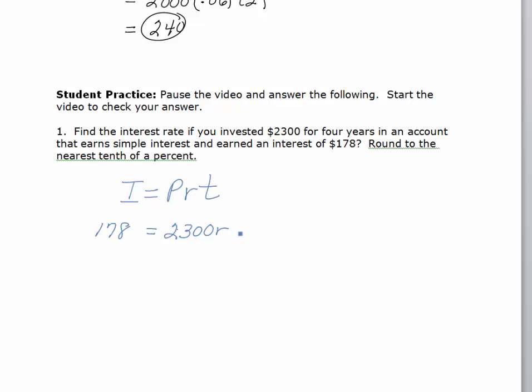We don't know R, and we do know T, which is, since it's 4 years, we're going to multiply by 4. Right? So what I would do first is I would multiply the 4 times the 2,300, and you get 9,200 R equals 178. We'll divide both sides by 9,200.